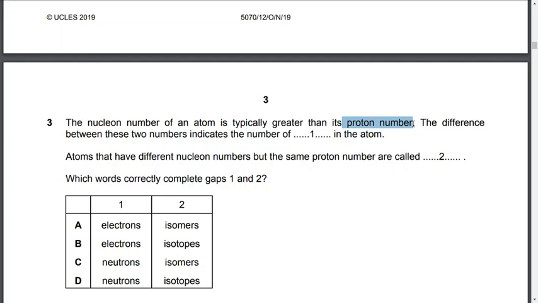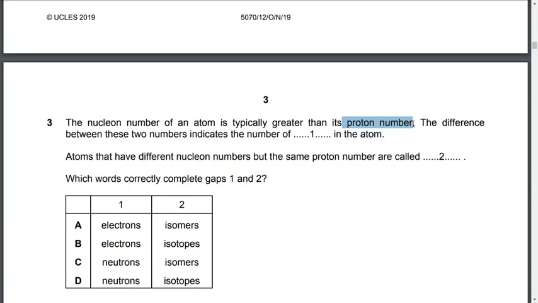So for this, of course, whenever you subtract from the total nucleon number, what is nucleon number basically? Nucleon number is the total amount of protons and neutrons present in a nucleus. I repeat, we are talking about the nucleus only. A nucleus contains a proton and a neutron, nothing else.